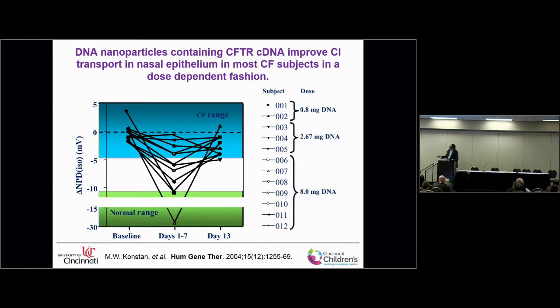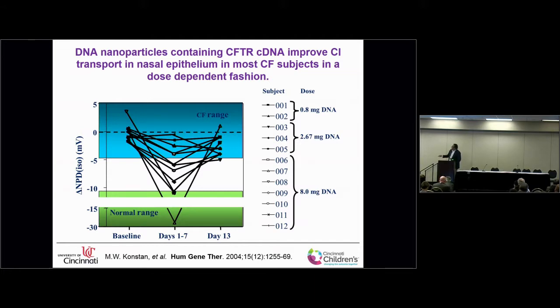The assay is done with a Forskolin stimulation of CFTR after you deplete the chloride in the electrode that you're measuring with. You can see that some of the subjects entered the normal range, some trended towards the normal range, almost all trended towards the normal range, and then they returned back to CF levels after 13 days.